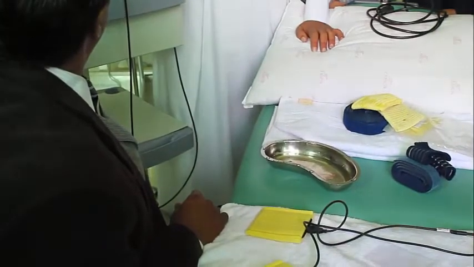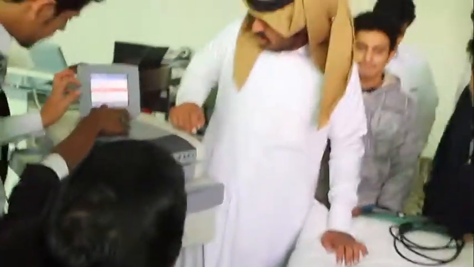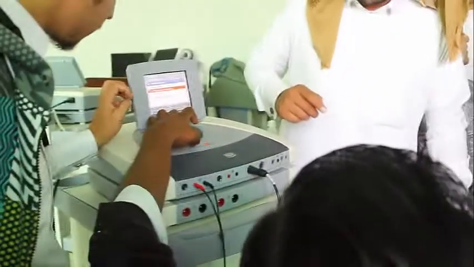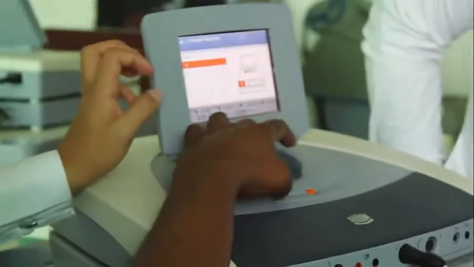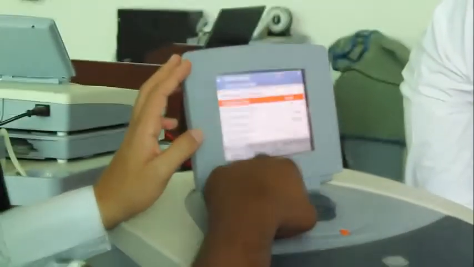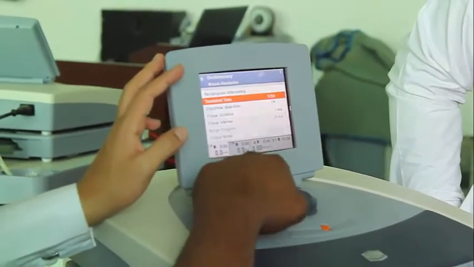So go to electrotherapy, muscle stimulation, Faradic current. This is self-testing. So rectangular, channel 1, treatment time, just to show the time, so 5 minutes is enough.